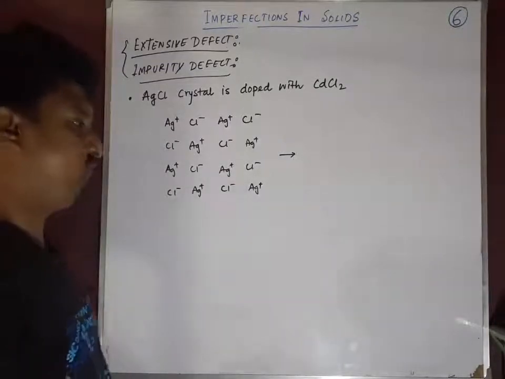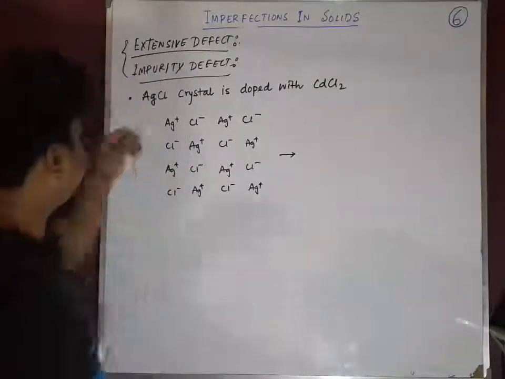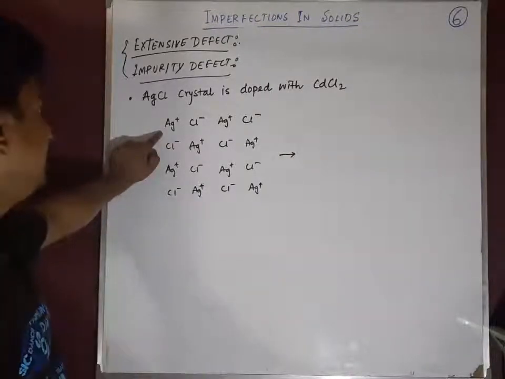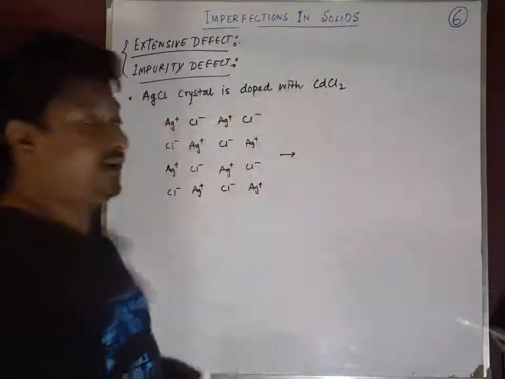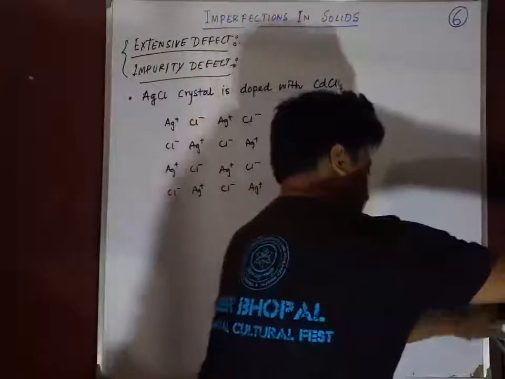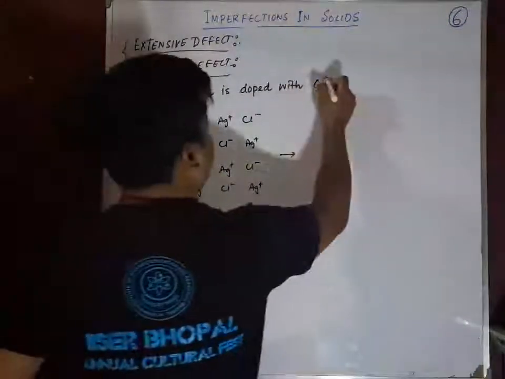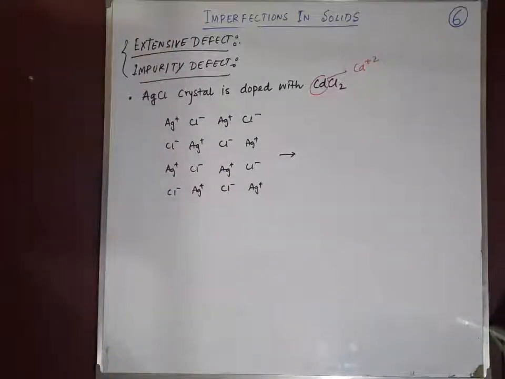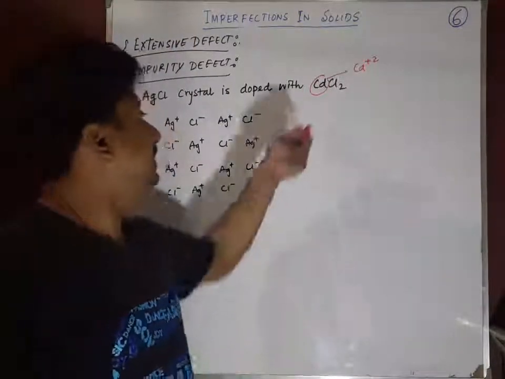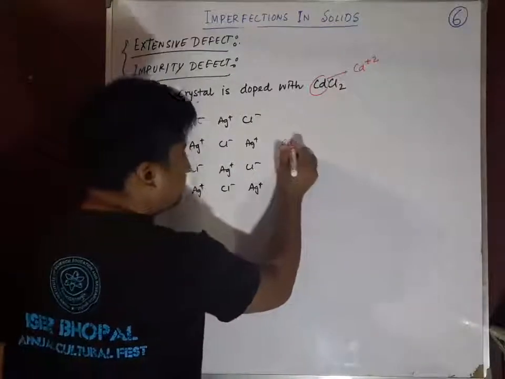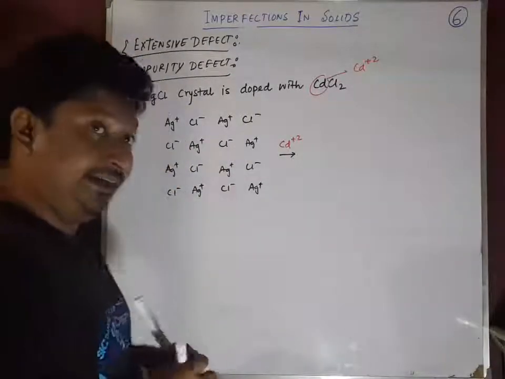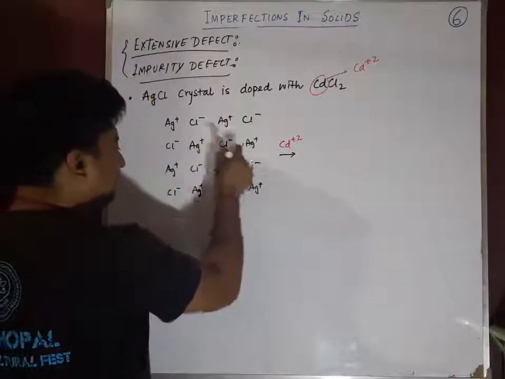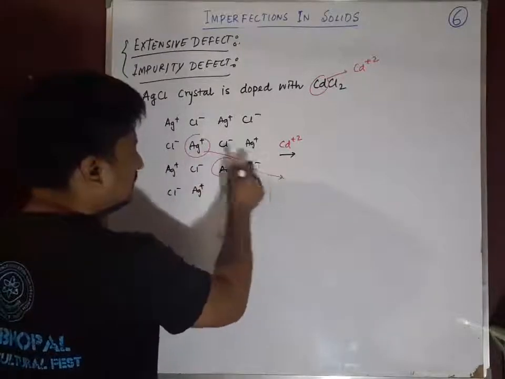See, silver is unit positively charged. If I dope with cadmium chloride, which is a dipositive ion, so a monopositive and a dipositive ion, what will happen? To maintain the electroneutrality, it will replace 2 silver from the surface.